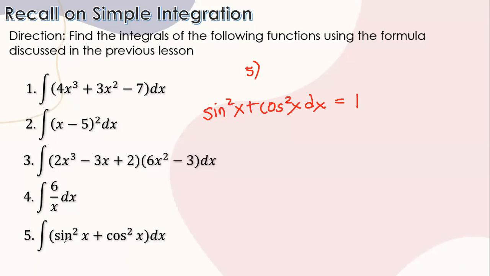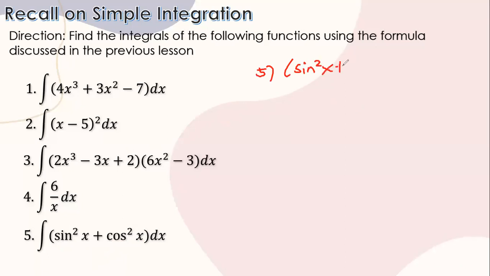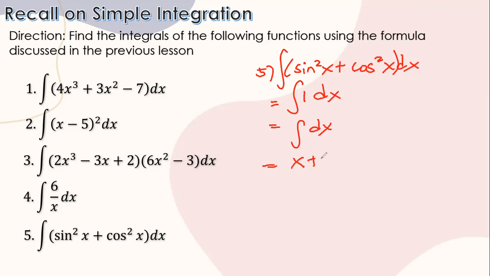So 1 lang din pala tong katumbas nitong function na to. So rewriting that, the integral is just 1 dx, or simply the integral of dx. And our answer is x plus c. So sobrang simple lang.